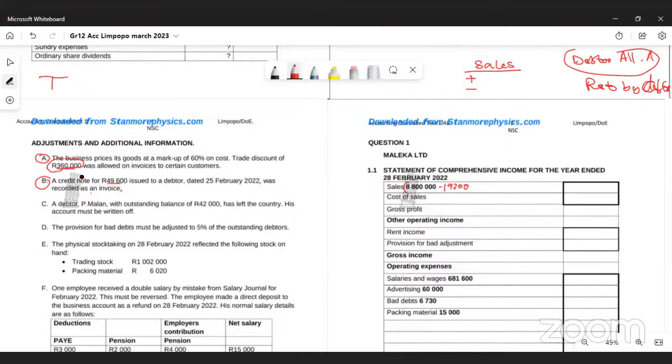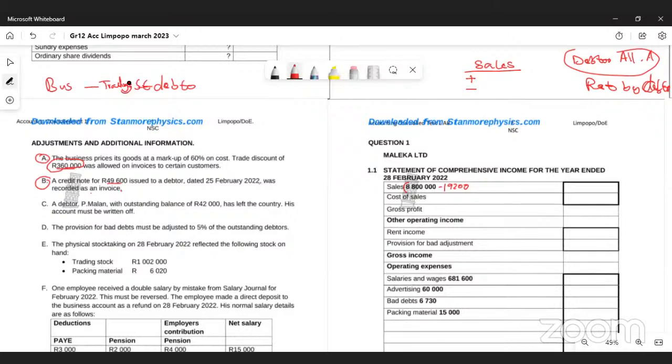Remember, when we are issuing a trade note, this is a source document the business issued. There's a transaction that takes place, maybe a trading stock that is being sold to the debtor.